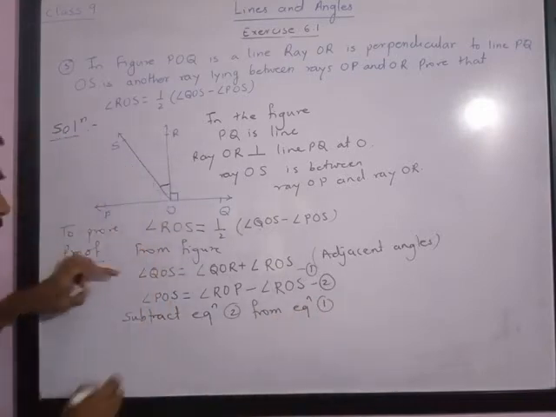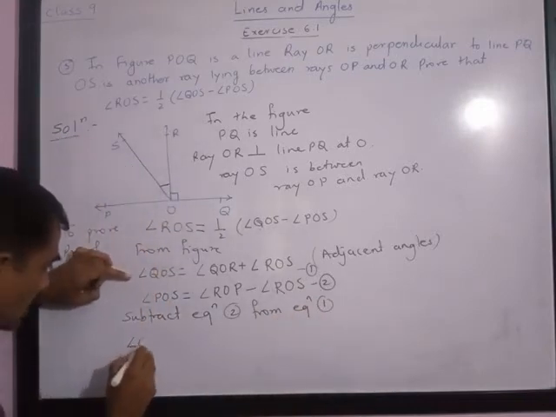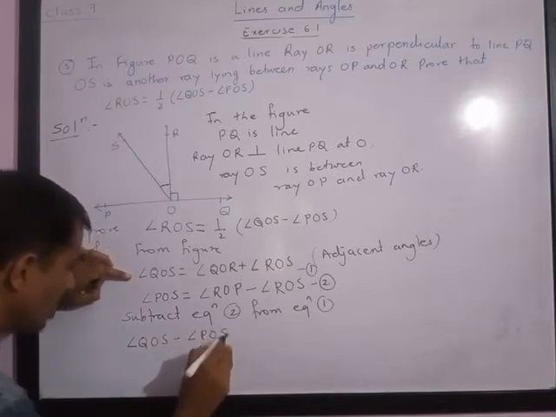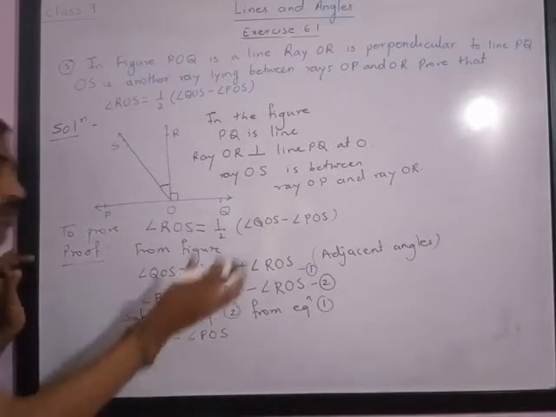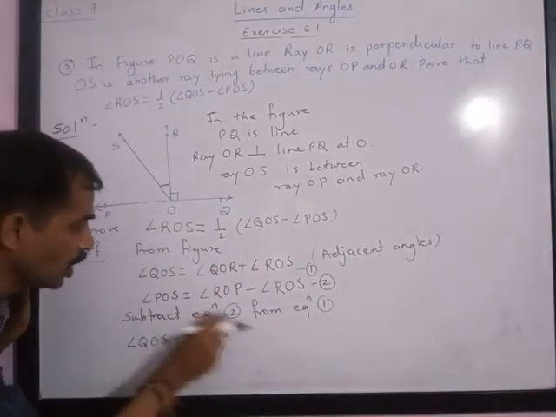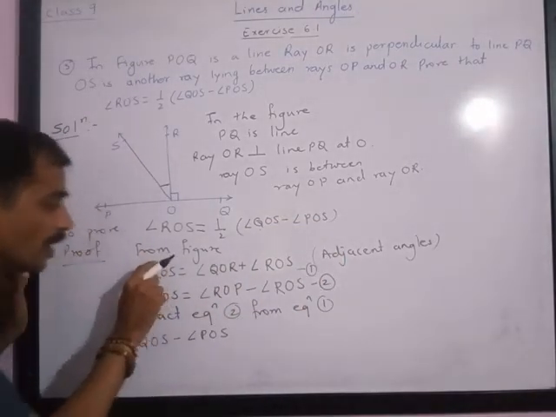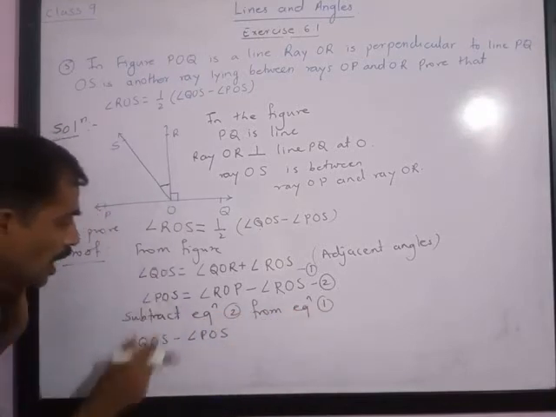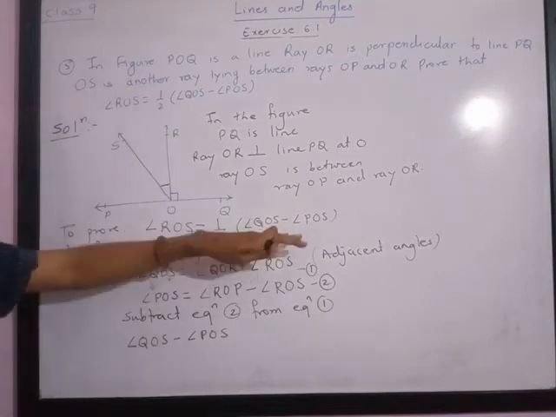Please note why I have done this: because I wanted QOS minus POS. This must be subtracted from the first. So we will get angle QOS minus angle POS. So we are reaching the answer.